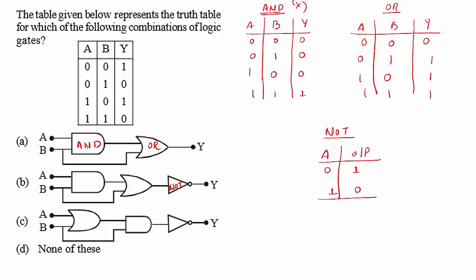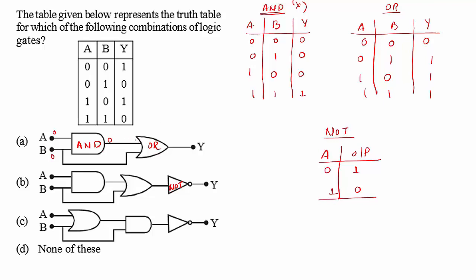Come to the first option. Let us substitute the values. First, the input for the NAND gate. This is the AND gate. For the AND gate, initially 0 0. Observe the diagram. I am going to substitute 0 and 0. What is the resultant? Resultant is 0. Come to the OR gate.